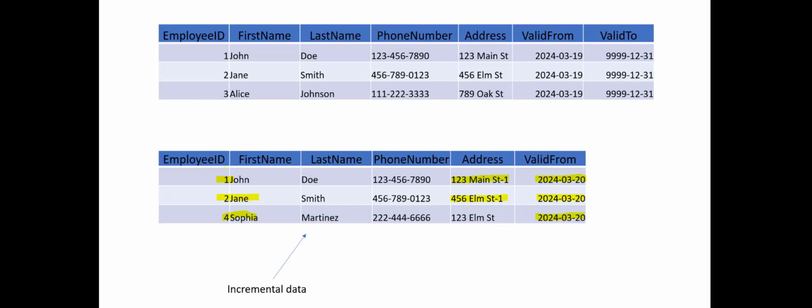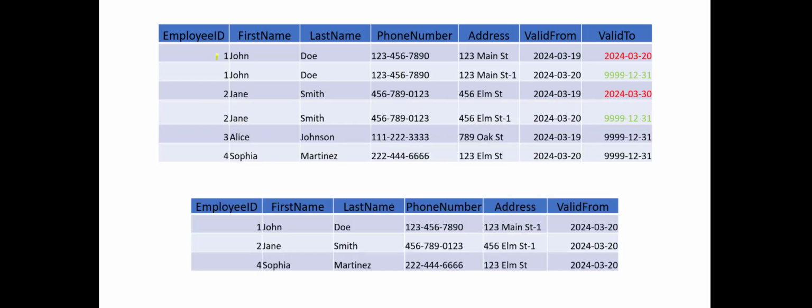In SCD type 2, we have to keep a record for all of John, Jane and Sophia. Now let's see how we do that. John has an old address that has been valid from 19 to 20. Why 20? Because this data has come on 20. So we close this particular record, meaning this person lived at this address from 19 to 20.